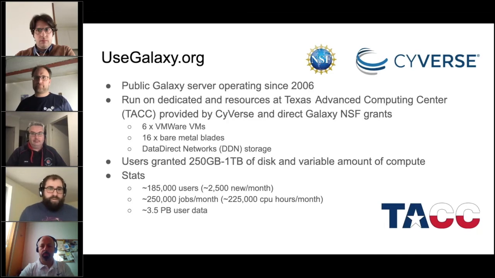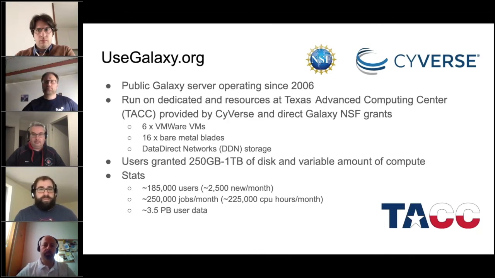Yeah, thank you, Frederik. So a bit about usegalaxy.org. It's a public Galaxy server, really the first public Galaxy server, that's been operating since 2006. For a number of years, it was run out of Penn State, but eventually moved and grew at the Texas Advanced Computing Center, TACC, using resources provided by the CyVerse project and some NSF grants.